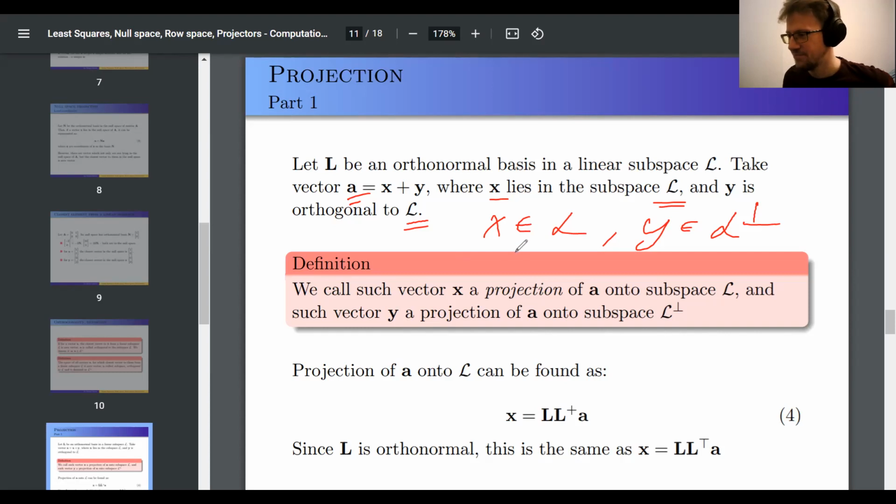So another definition would be that the projection of A onto a subspace is the element of this subspace which is closest to A. You can say it this way, but it's essentially the same thing. Here I just wrote A as being already decomposed into two elements, and that's it.